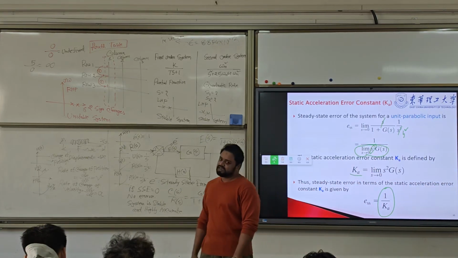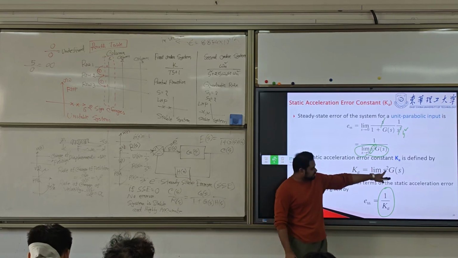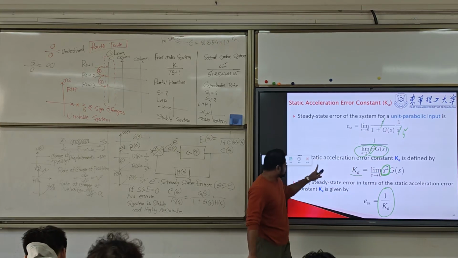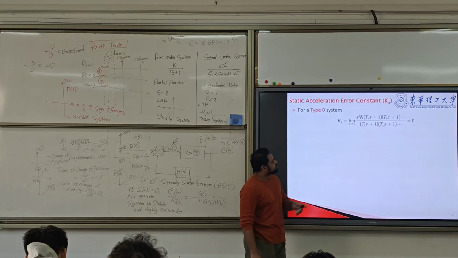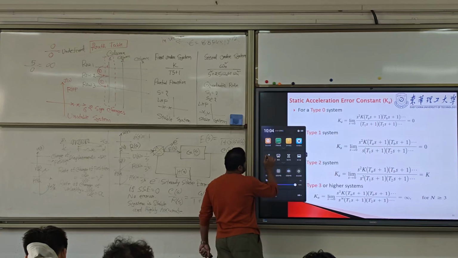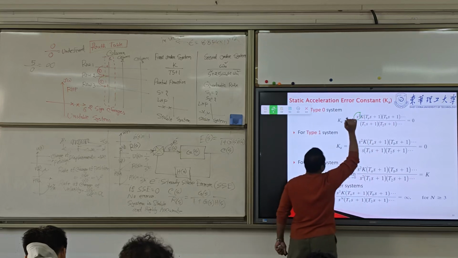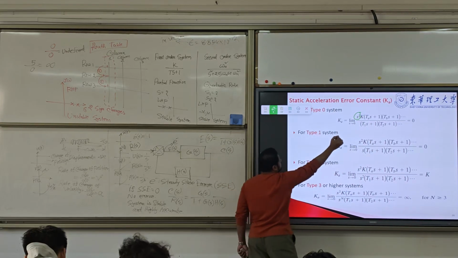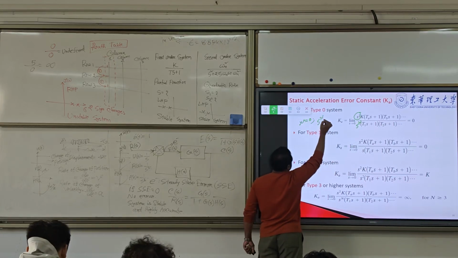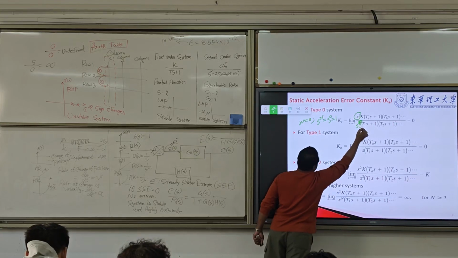So how do you find the Ka? Again, put the value for each. Now here in our transfer function, there will be an s squared term. For type 0, here s squared. So we have an s squared because of this, and here Sn, n equal to 0, Sn equal to s0, which is 1.